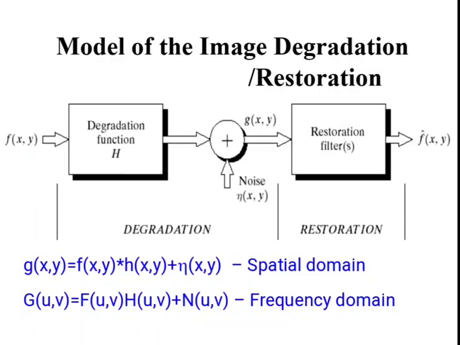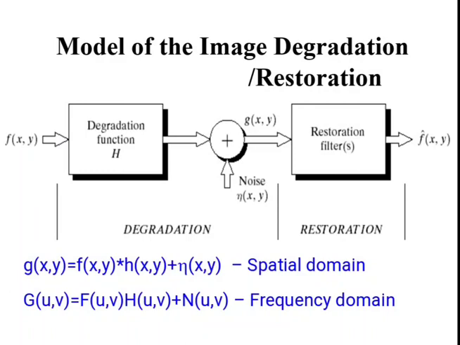The degradation process is modeled in this chapter as a degradation function that, together with an additive noise term, operates on an input image f(x,y) to produce a degraded image g(x,y). Given g(x,y), some knowledge about the degradation function h, and some knowledge about the additive noise term eta(x,y), the objective of restoration is to obtain an estimate f cap(x,y) of the original image.